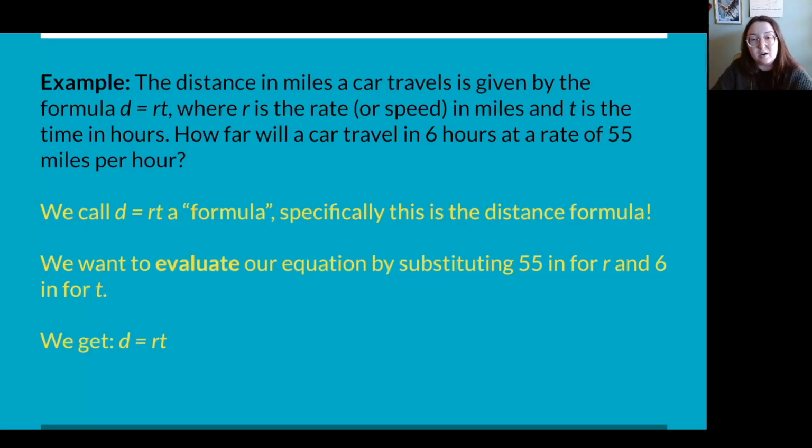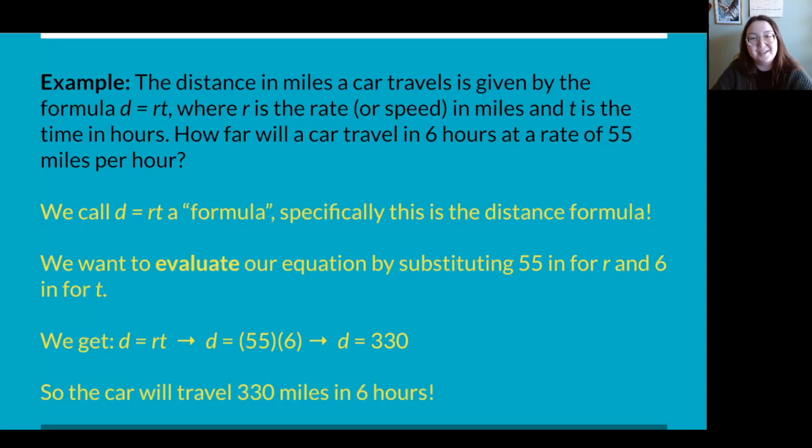So we would get that our formula for distance is distance equals rate times time, where we replace the rate with 55 and the time with 6. So we get distance equals 55 times 6. Distance would be 330, and in context, that is miles. So the car will travel 330 miles in 6 hours.